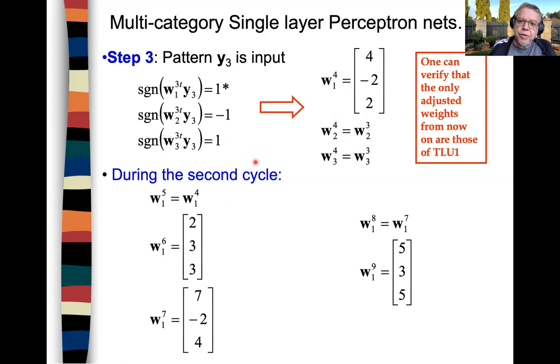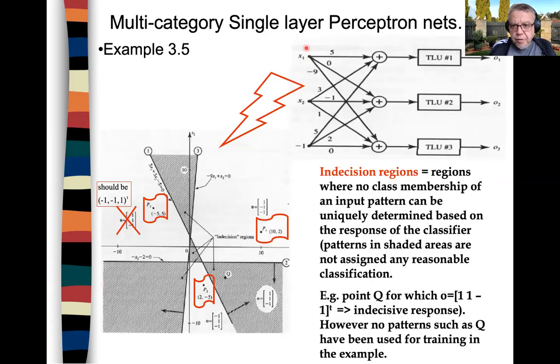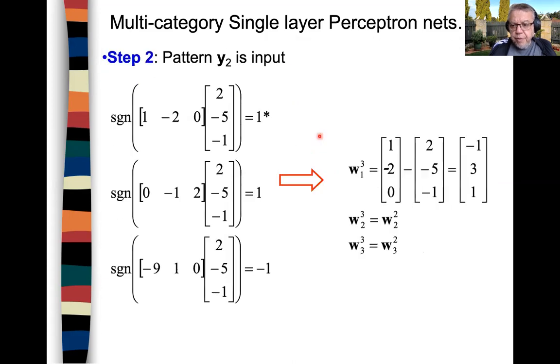We have to do it again for pattern number 1, pattern number 2, pattern number 3, and we adjust the weights until we reach the final weight, for example, for the first threshold logic unit after nine iterations, and we got 5, 3, 5. And this is what we got, if you remember, in here. So it's 5, 3, and 5.